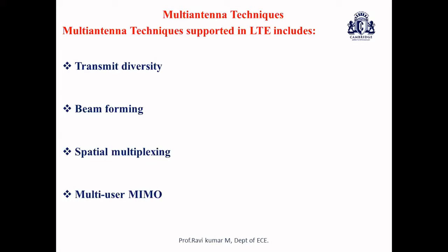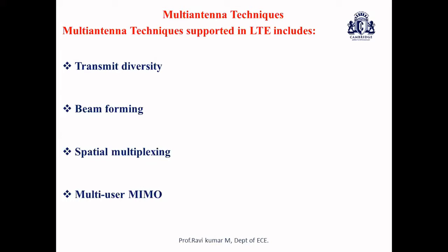Spatial multiplexing provides data rate and capacity gains that are proportional to the number of antennas employed. Spatial multiplexing works well with good signal to noise ratio under light load conditions. LTE supports spatial multiplexing with up to 4 transmit antennas and 4 receive antennas.